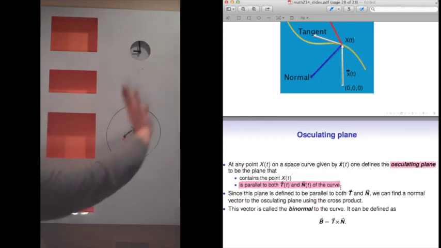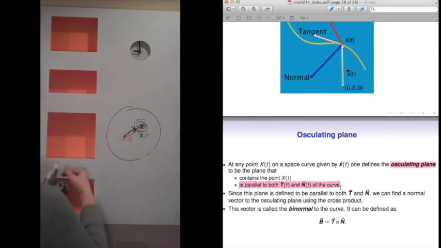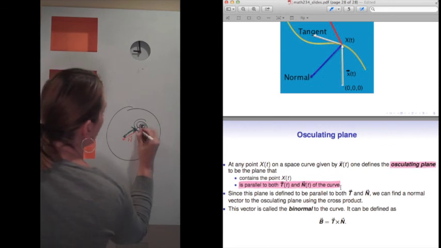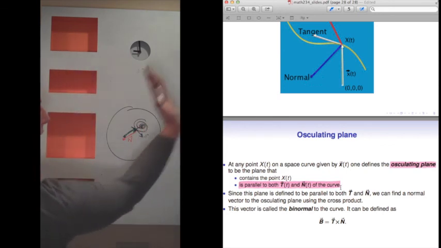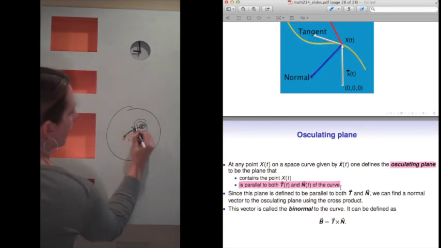So picture it slicing through the sphere along an equator, and the purple vector here, this guy. So picture the plane slicing through, and then this normal vector is this binormal.